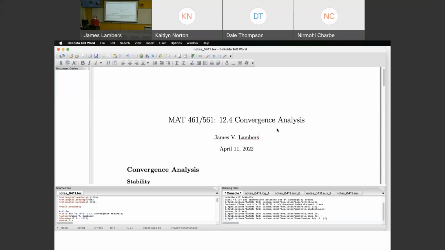So a slight change in the initial data does not lead to an unduly large change in the computed solution. So what's left? I need to show you how to establish stability or lack of stability for a multi-step method. And then I'll just discuss convergence in general. Also, the concept of a stiff differential equation and ramifications of that.